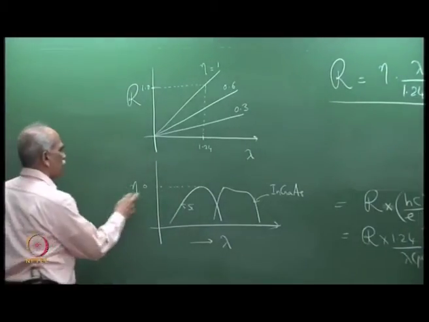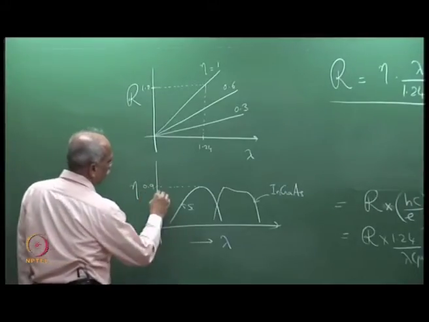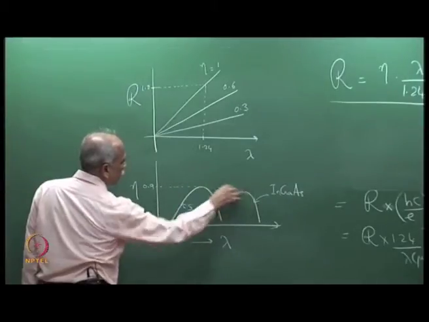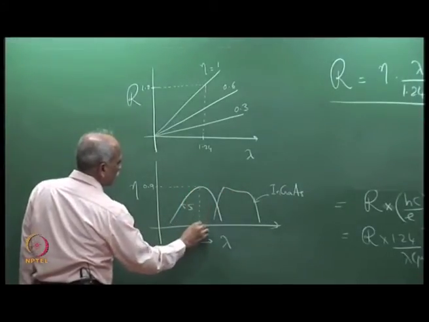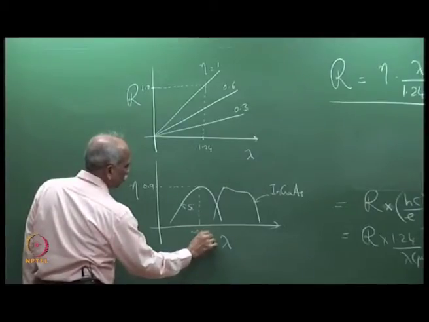And the typical number for the quantum efficiency eta of silicon: the maximum value is about 0.9, and this is about 0.7, 0.8, and this occurs around lambda nearly equal to 0.8 micrometer.